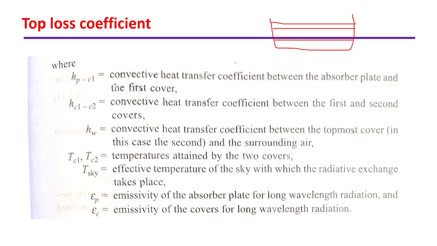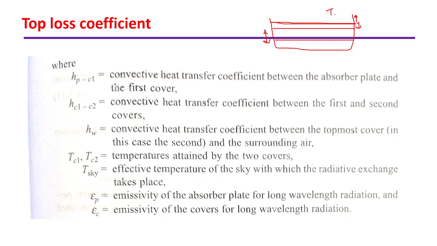HPC1 is the convective heat transfer coefficient between the absorber plate and the first glass cover. HC1 to HC2 is the convective heat transfer coefficient between the first and second covers. H omega is the convective heat transfer coefficient between the topmost cover and the surrounding air.